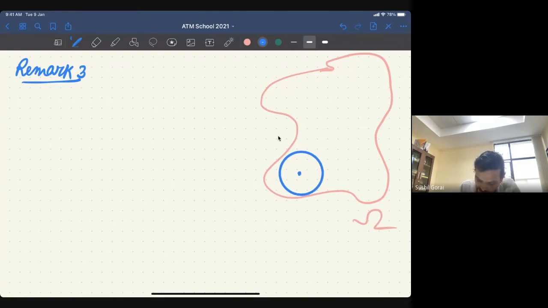Let's say this is A and this is R, such that the closure of the disk centered at A with radius R is contained in Omega.